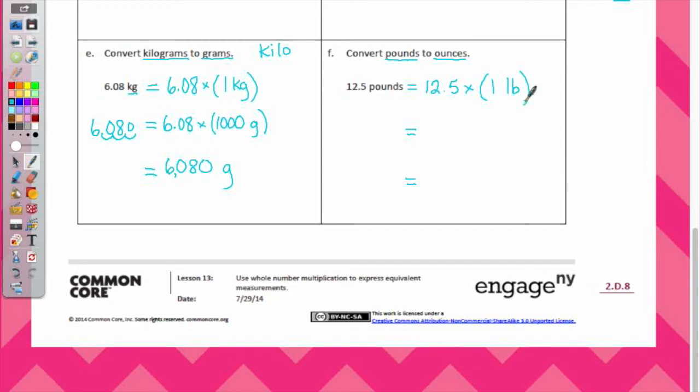Makes perfect sense now. And you just told me there are 16 ounces in a pound. Since this is customary, do I have to pay attention to what decimal place value I started with? Yes, it's tenths. So what's the best way to solve this problem here? Standard algorithm. See if you get the same thing I get.